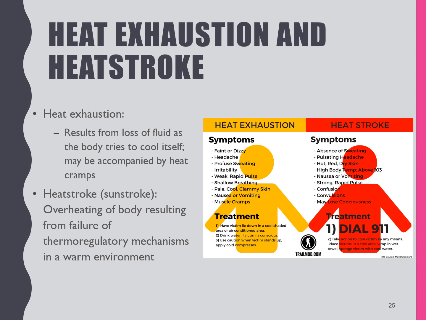It could be accompanied by nausea or vomiting, a strong rapid pulse, confusion, convulsions, and eventually they may lose consciousness. In this type of situation, we want to make sure we get the patient to treatment as soon as possible. So call 911, try to cool that patient down, maybe wrap them in some wet towels or maybe a wet washcloth and kind of wipe their forehead, try to get them cooled down.